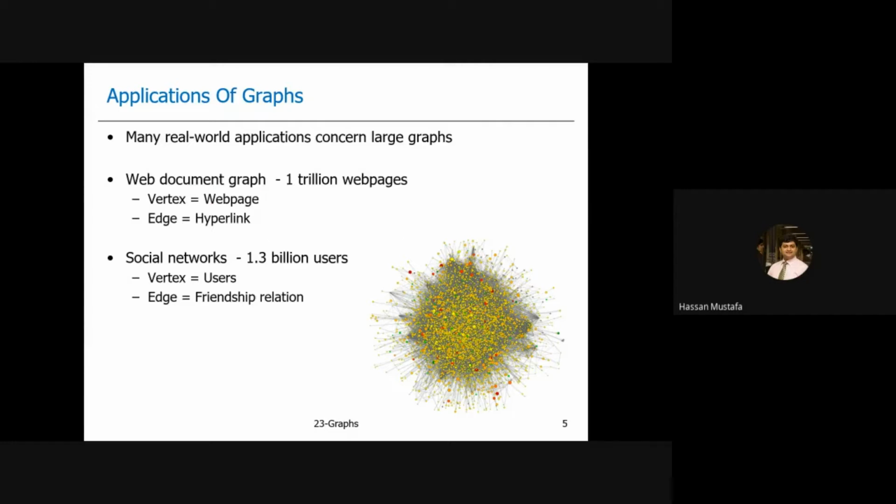We have web pages as vertices, and if a web page links to another web page, like you have a URL of another page on this page, then we connect these two vertices.